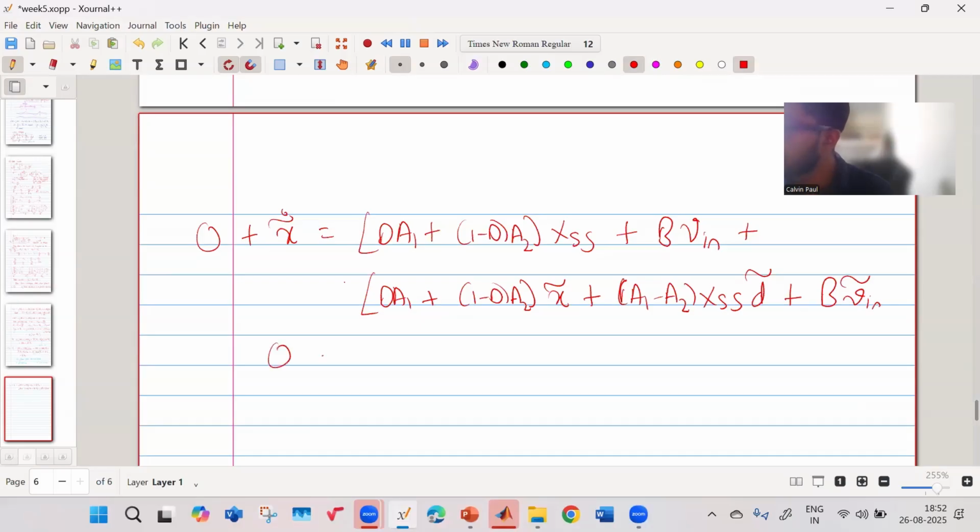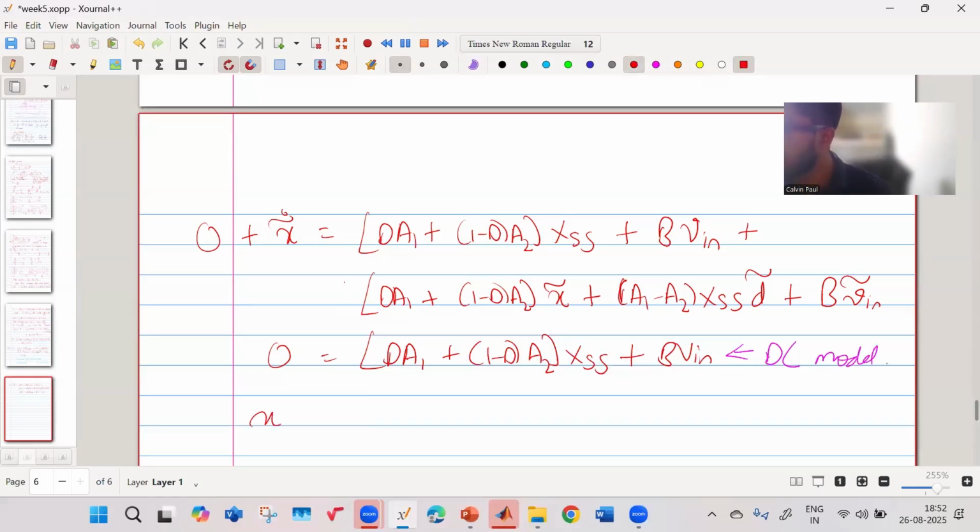So this 0 is equal to D into A1 plus 1 minus D into A2 into x steady state plus B v in. This is your DC model or the DC terms.